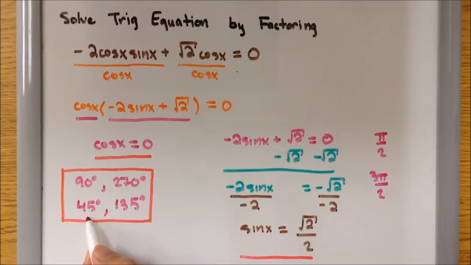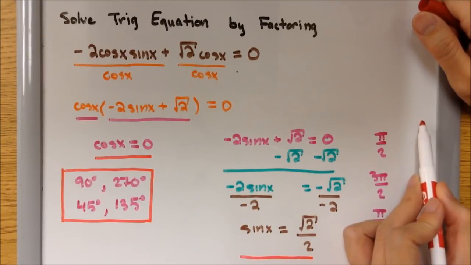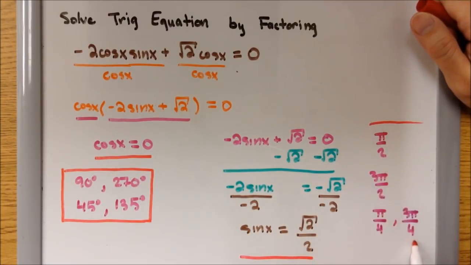For 45 degrees that's pi over 4. And 135 degrees, that's, I'm going to write right here, 3 pi over 4. So these four answers are your final answer when asked in radians.